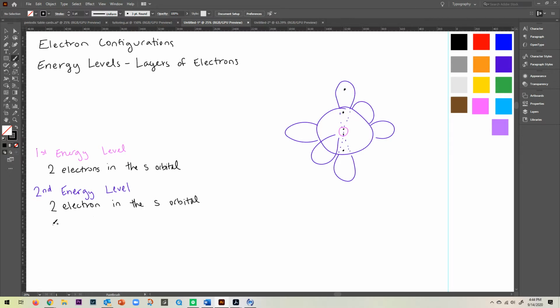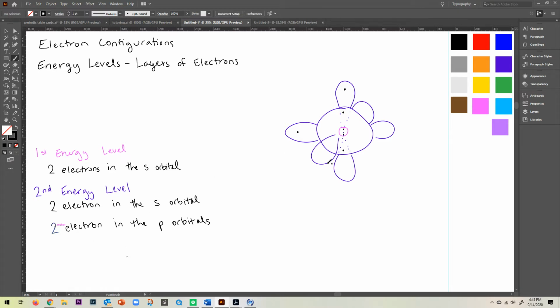So now I have 1 electron in the p orbitals. If I wanted to add a sixth electron, I would go into one of the other p orbitals. There it is, right? So now I have 2 electrons in the p orbitals.